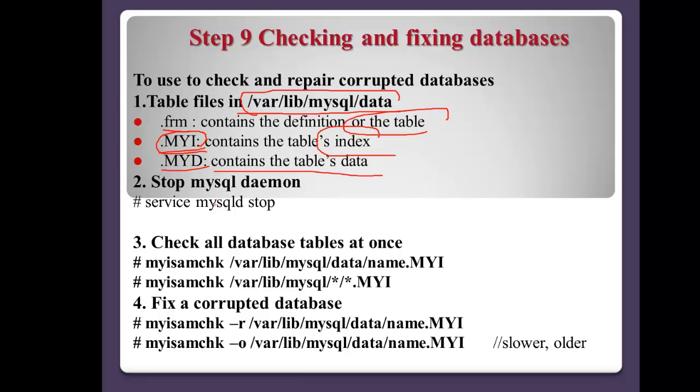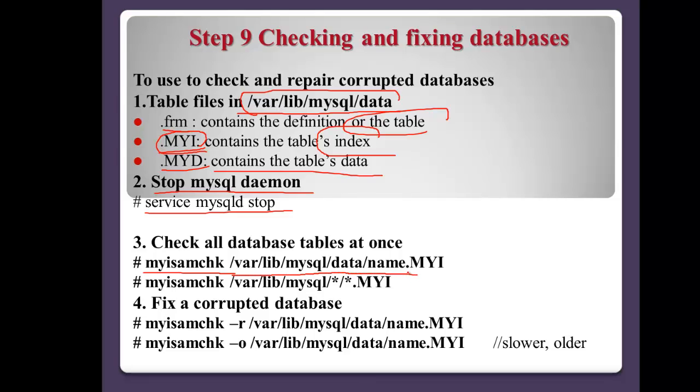So for the checking or repairing corrupted database, at first, stop the MySQL daemon like this, service mysqld stop. And after that, number 3, checking all database tables at once. So for example, in this case, we can use this command, myisamchk /var/lib/mysql/data.